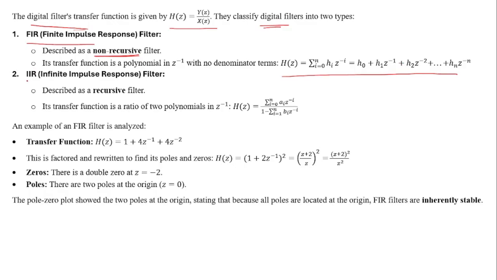Similarly, we have IIR filters, which are regarded as recursive filters, and their equation is given by this equation. Then we discussed this. We took an example of an FIR filter, and we looked into why FIR filters are inherently stable in nature.